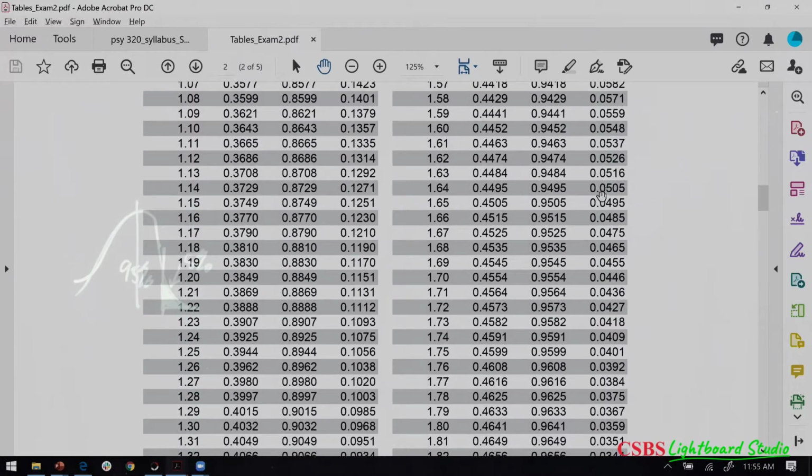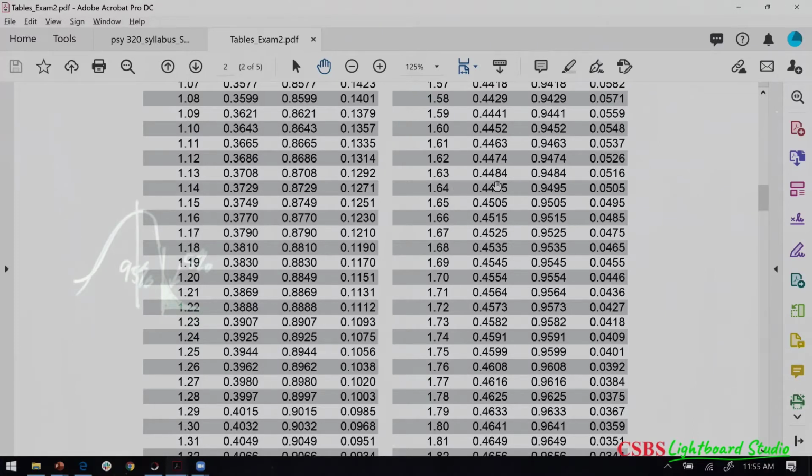So if we look here, there's either 0.0505 or 0.0495. Neither one of those is exactly 0.05, but they're both equally distant. So you really could pick either one, 1.64 or 1.65. They work fairly well. If you pick the one that is closest without going over, you'd pick 1.65.